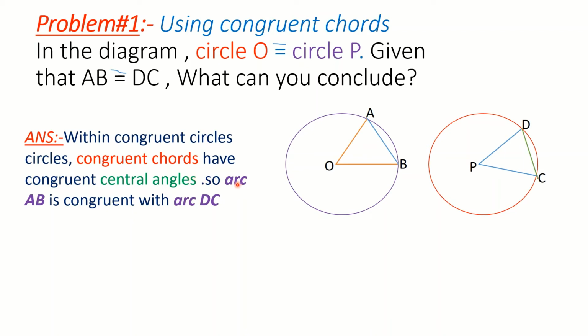So arc AB is congruent to arc DC. Since AB is congruent to DC, this arc DC is also congruent to this arc AB. At the same time, this angle must be congruent to this angle.